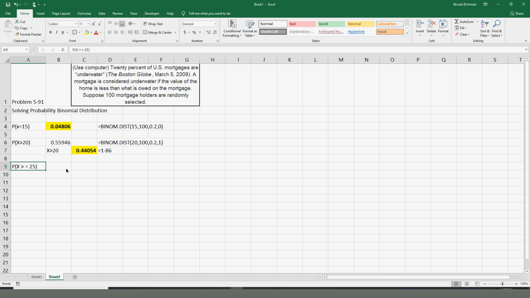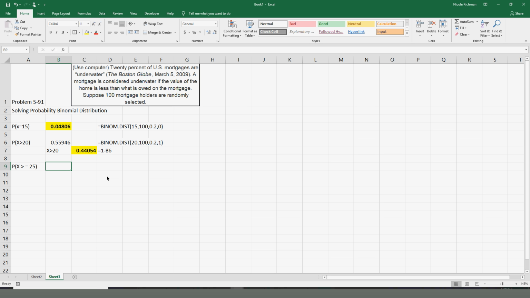So now the probability of greater than or equal to 25 is going to be a little bit more of a challenge. The greater than or equal to 25 is also going to be a 1 minus.